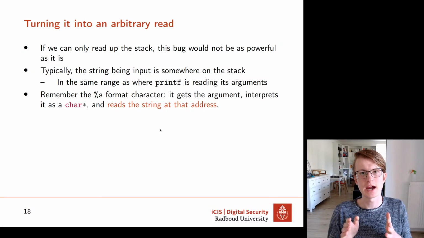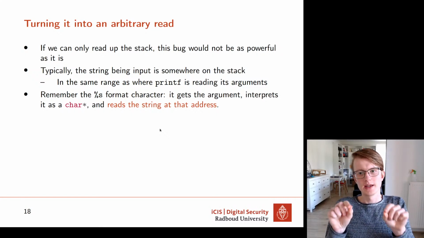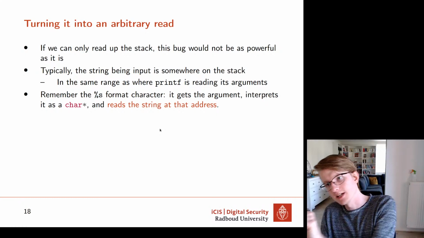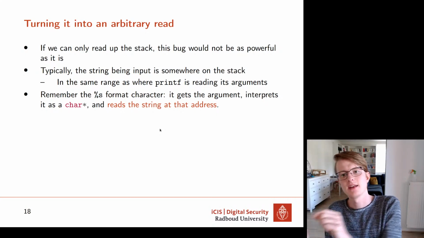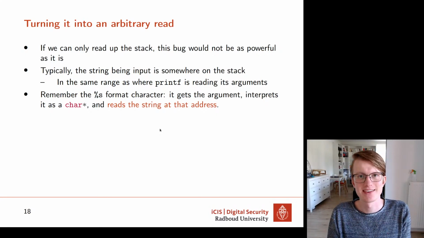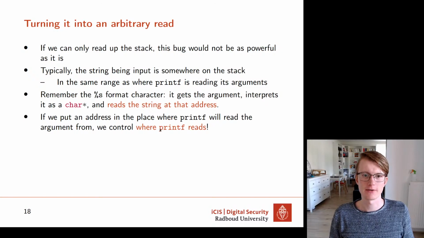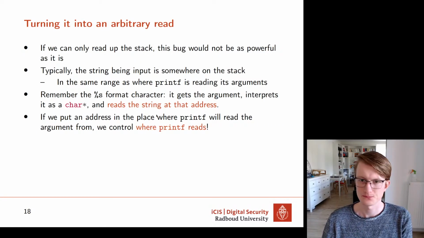It reads this as a character pointer. So it looks at that address, follows it, and then reads the string that is at that address. So if we can put an address in a place where printf will read the argument from, we can control where printf actually reads.